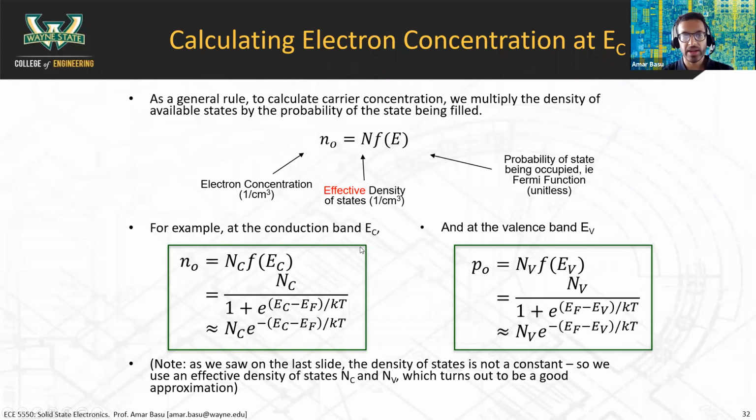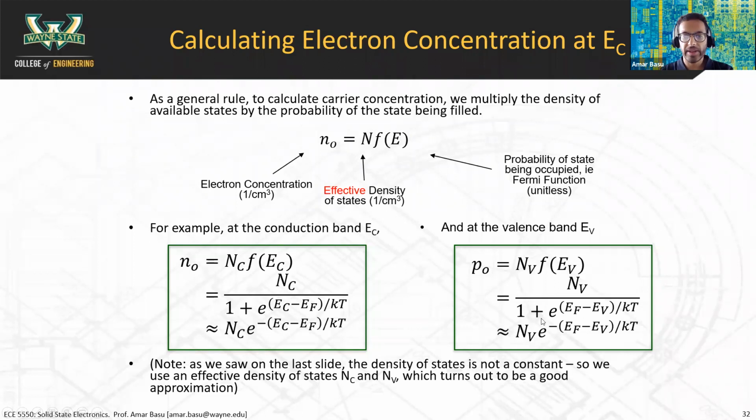At the conduction band EC, the electron concentration is equal to N sub C, the effective density of states in the conduction band, multiplied by the Fermi function at EC. The Fermi function at EC is given by 1 over 1 plus e to the (EC minus EF) over kT. And so we now have a formula for the electron concentration in the conduction band.